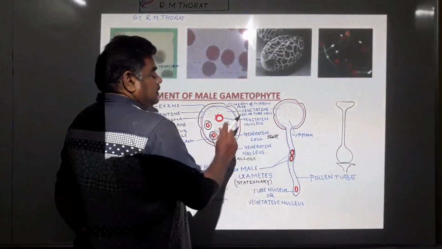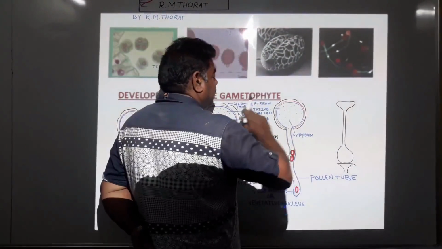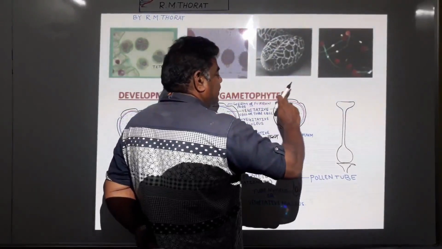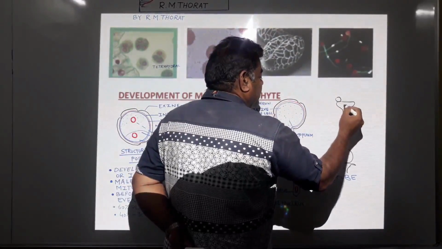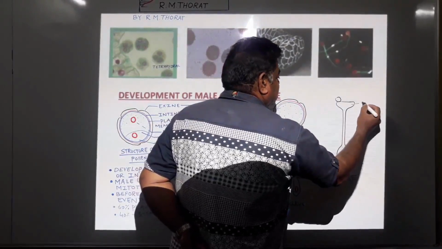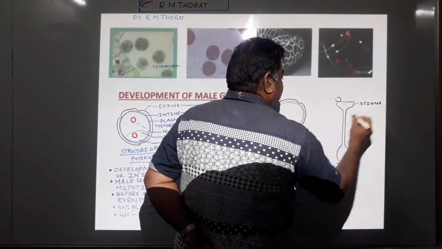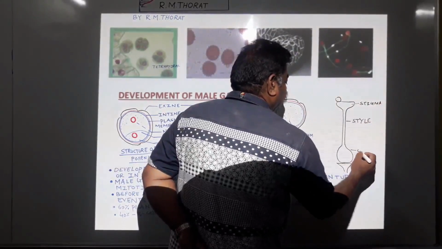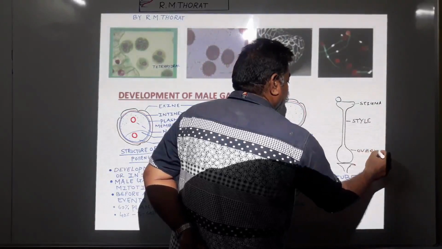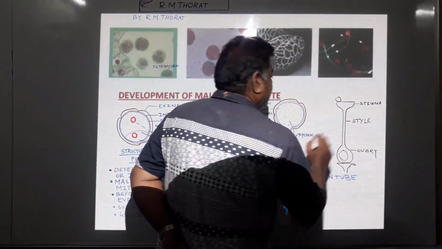Now these pollen grains of two-cell structure, in about 60% of plants, are transferred by various agencies and adhere to the stigma. This is the stigma, this one the style, and this the bulbous ovary, in which the ovule is present.